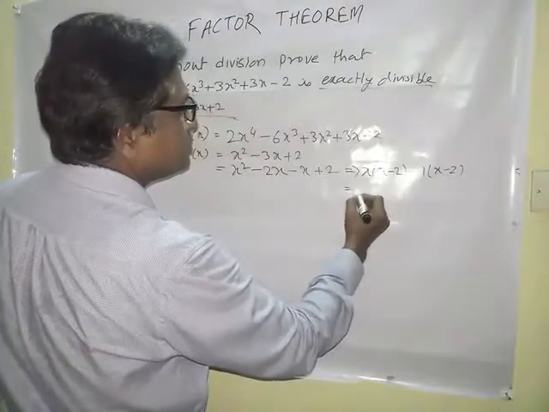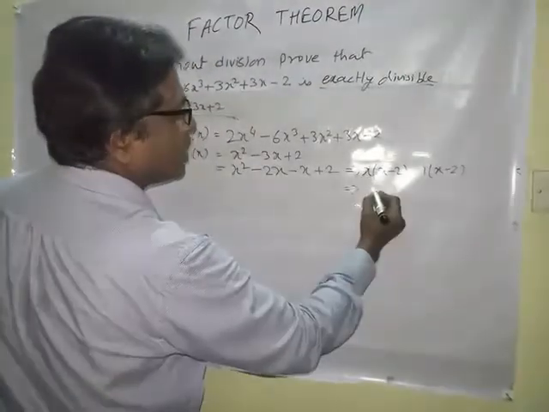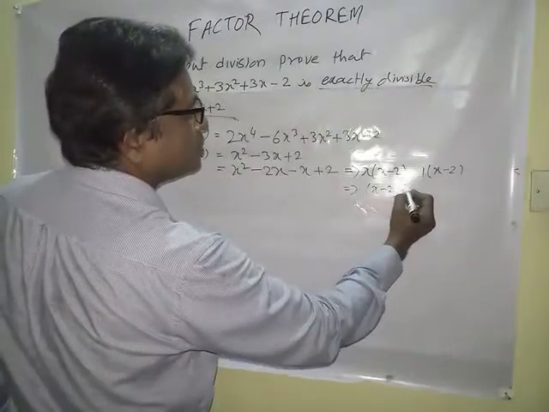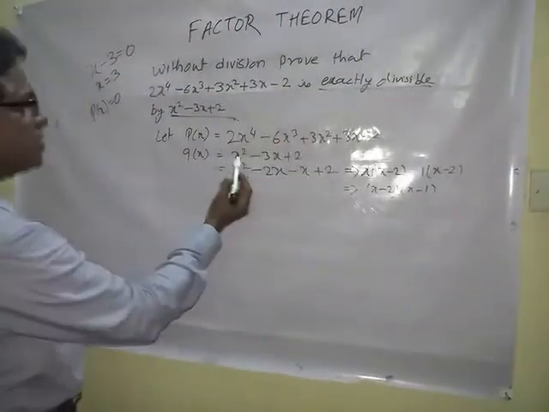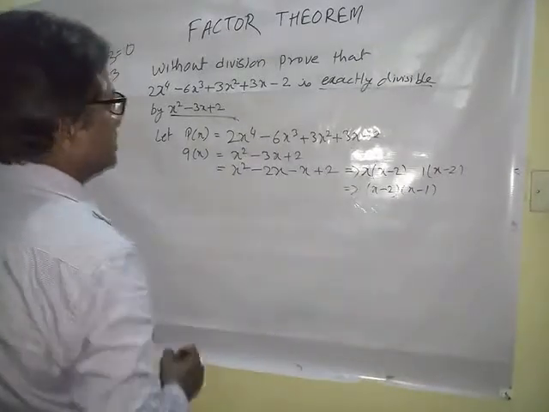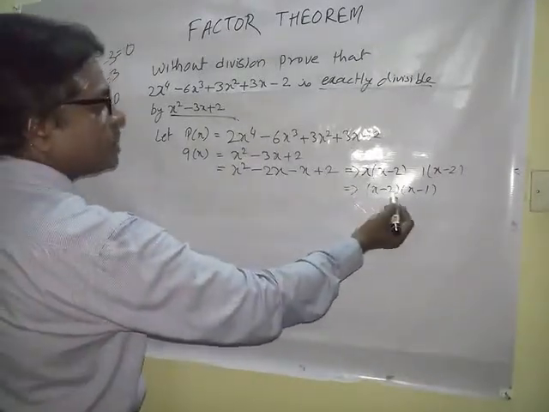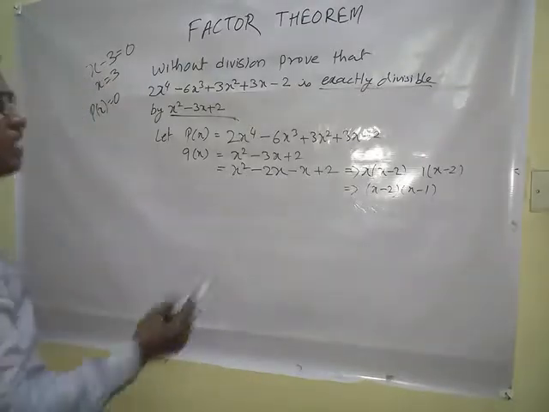Then take out x minus 2 and x minus 1. So this is a multiplication of two polynomials having degree 1.